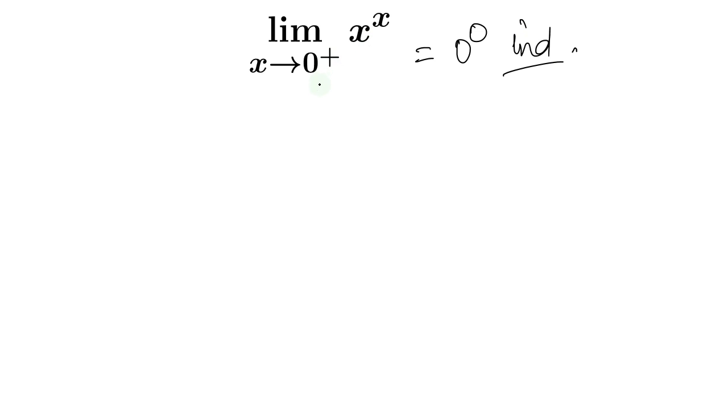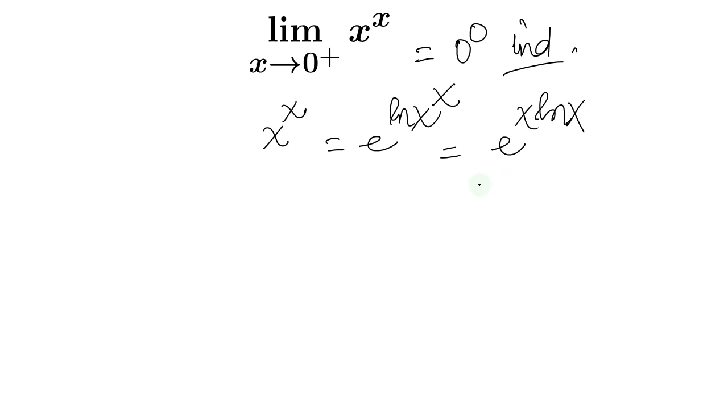So to solve this, I'm going to say that x to the x, I can write this as a to the ln of x to the x, right? Since this one here goes with this, we're gonna get back to this, so this is equal to a to the, this one comes here, x ln of x, right?